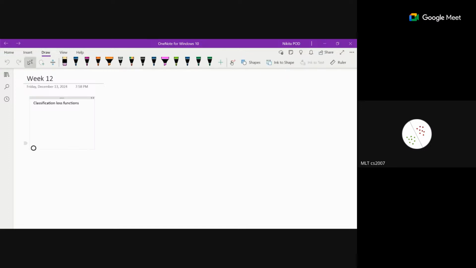All right. So in week 12 we have only two topics. The first topic that we have is the classification loss function. We are going to look at all the classification algorithms, and we are going to see what kind of losses we have used for those algorithms.